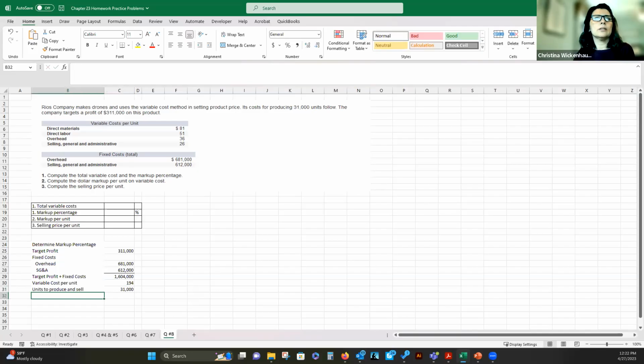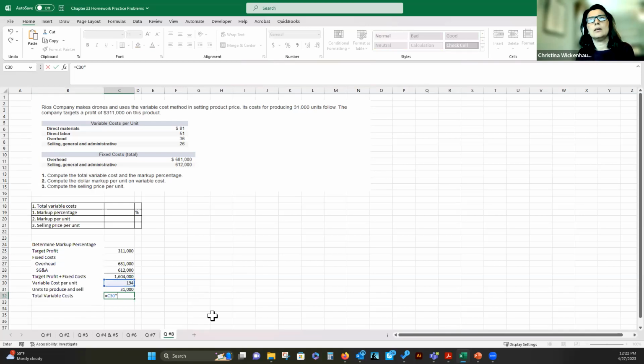All right, so if we take these two numbers times each other, we're going to get our total variable costs. So equals this times this.